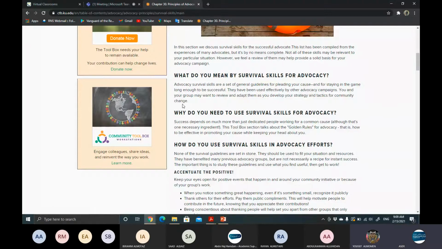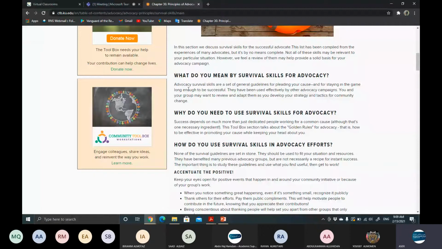Alright, so simply we're speaking about how these advocacy survival skills have been used by generation after generation as a guideline which can guide them while conducting their advocacy. Of course, in the last session, we spoke about making a major plan for your advocacy campaign.